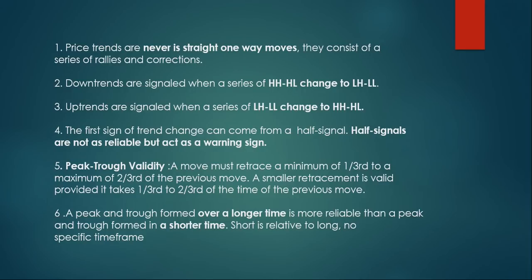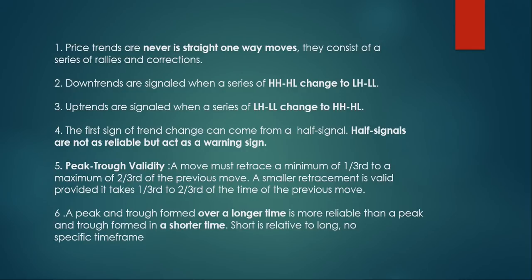So we should either have a price correction or a time correction for a retracement to be valid. Understand this very carefully. Sometimes it will be price. If we do not get a price correction, then wait for a time correction. If either is fulfilled, then your peak trough validity holds, and you can treat the series as being made.